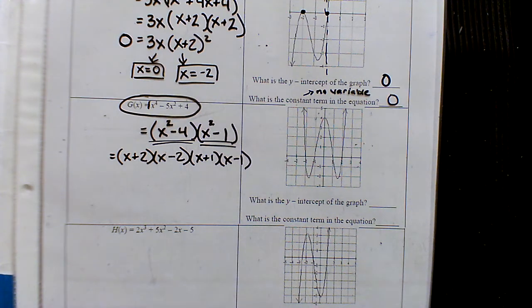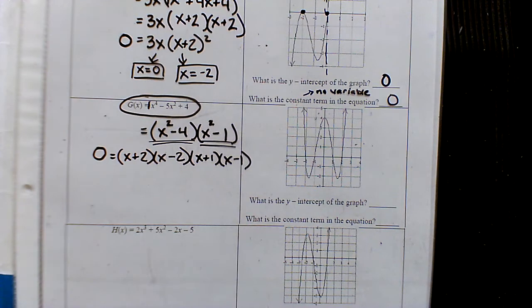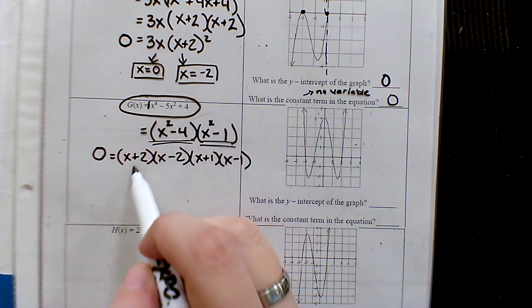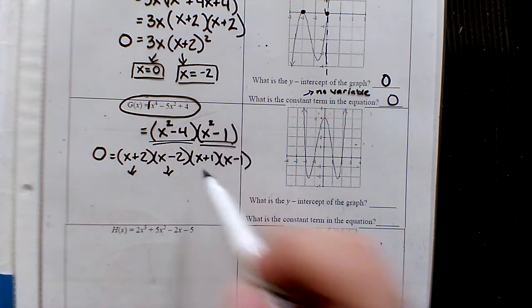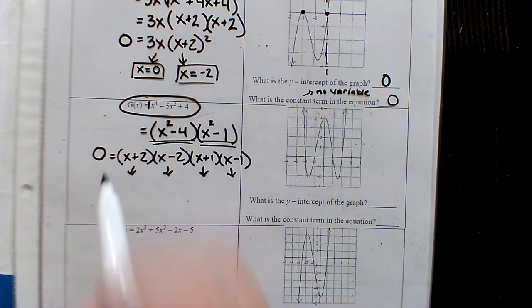So since we factored completely, if we were to set these factors equal to 0, then the solutions for x would represent those x-intercepts. So if we have 4 factors, we're going to have 4 x solutions.